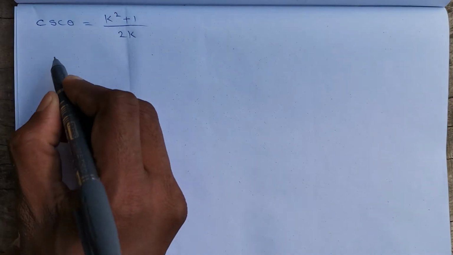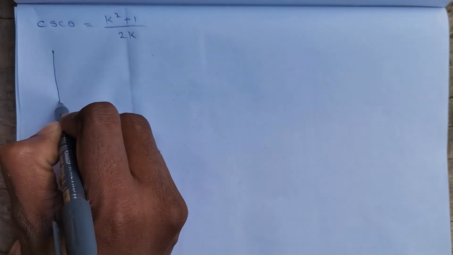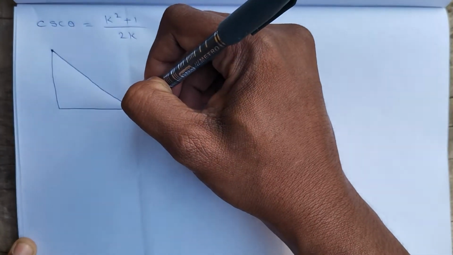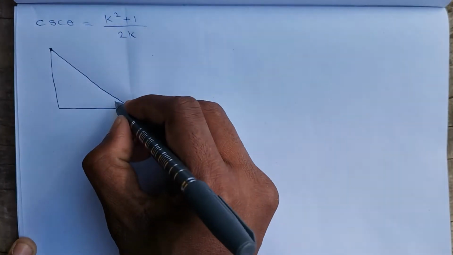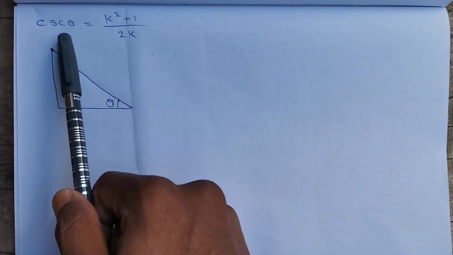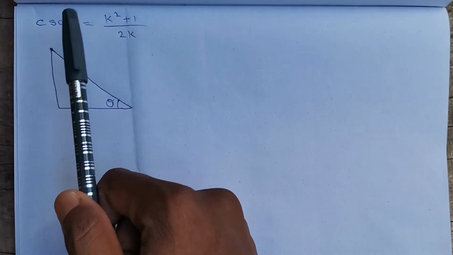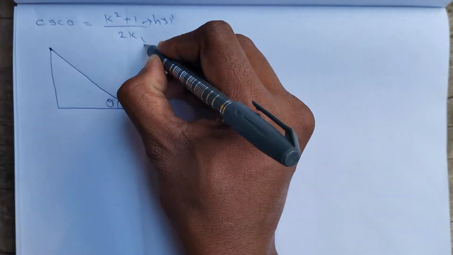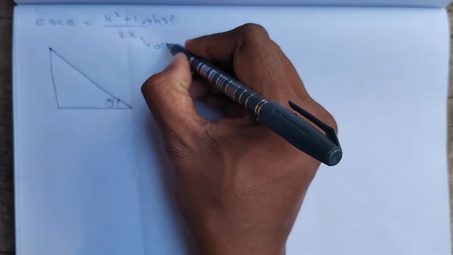Okay, now I will draw one right angle triangle, and I am taking this angle as theta. What exactly does cosecant represent? Hypotenuse by opposite. So this will be the hypotenuse and this will be the opposite. Cosecant theta is nothing but hypotenuse by opposite.